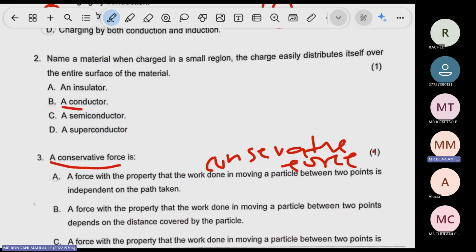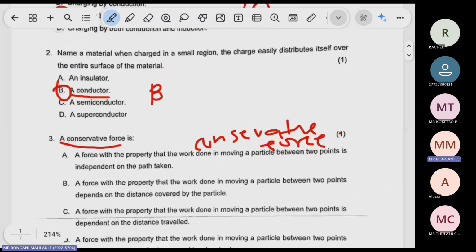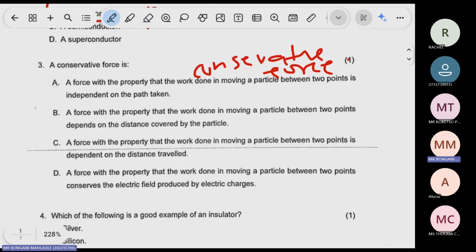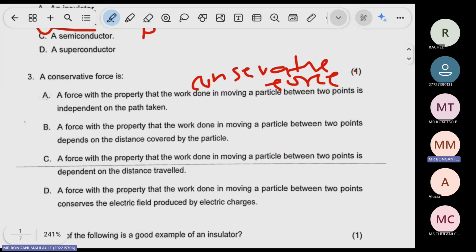Remember that we said for a conductor, the materials touch each other. Right? So the answer here is a conductor. It's letter B. A material where, yeah, that one is for a conductor. And number 3, a conservative force. You will choose letter what?